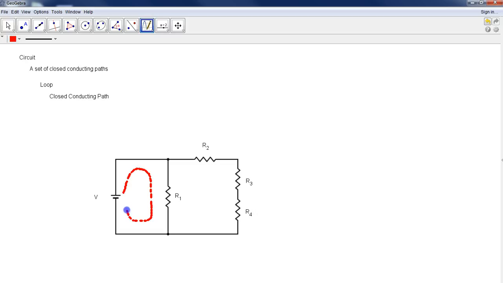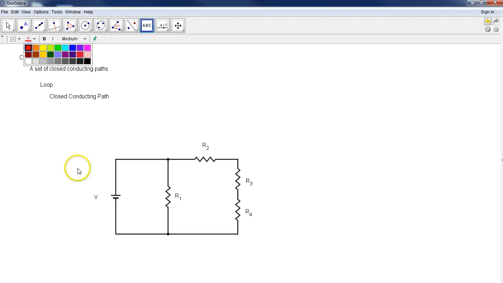We'll call this one loop 1, or maybe we won't. Try pen. All right, let me pause a minute here. Looks like I'm going to use vector arrows to indicate the loops.